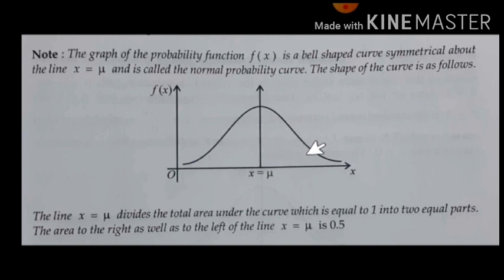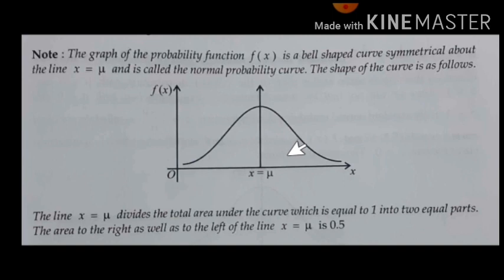So 1 is divided equally into 2 parts. The area on the right hand side of the line is 0.5 and the area on the left hand side of the line x is equal to mu is 0.5. So keep that in mind about the coverage of the areas.